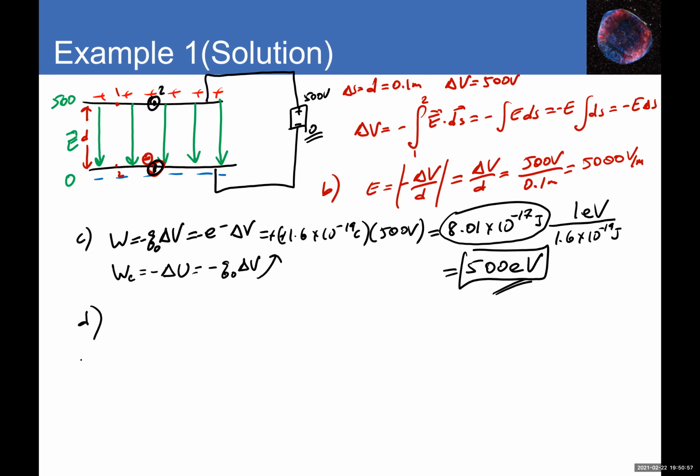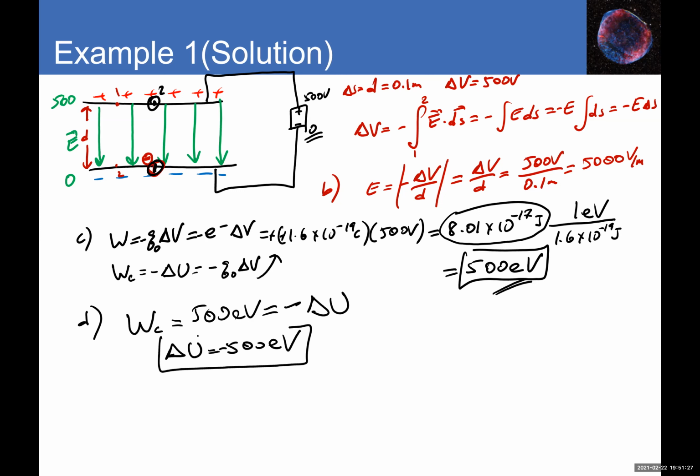That's the amount of work done. For part D, it says, what is the change in potential energy of the electron when it moves from the release point? Well, this is the amount of work done. So the work done by the electric force is 500 electron volts. And I know this is equal to negative delta U, which means delta U is equal to negative 500 electron volts.